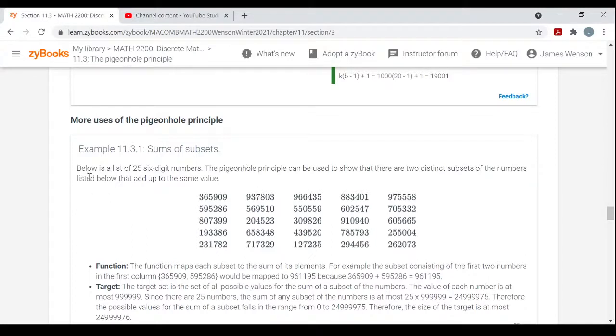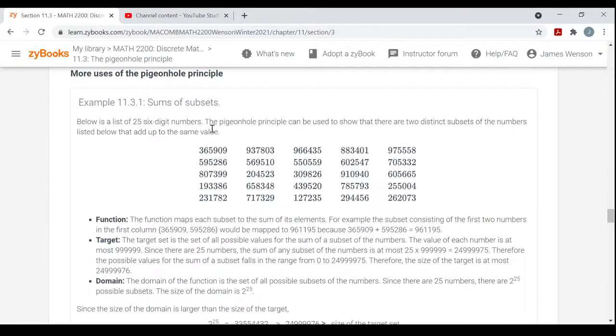Okay, so here it says, below is a list of 25 6-digit numbers. The pigeonhole principle can be used to show that there are two distinct subsets of the numbers listed below that add up to the same value.